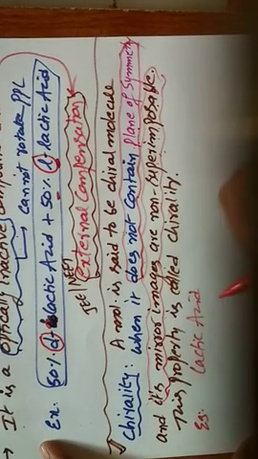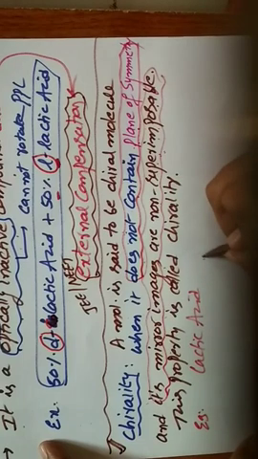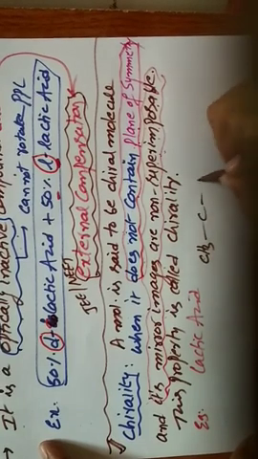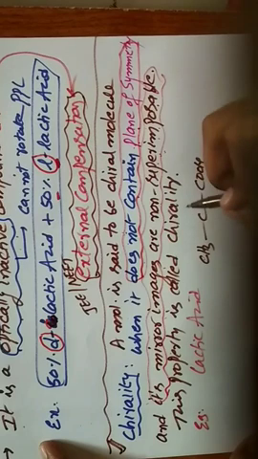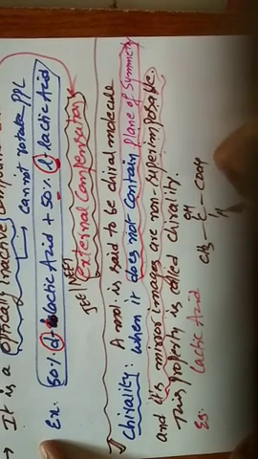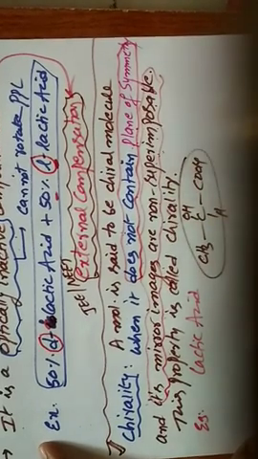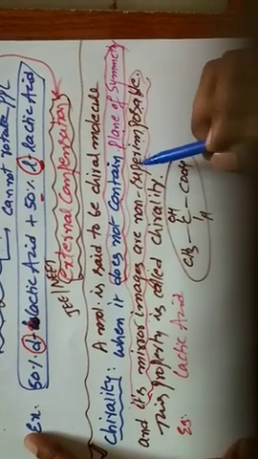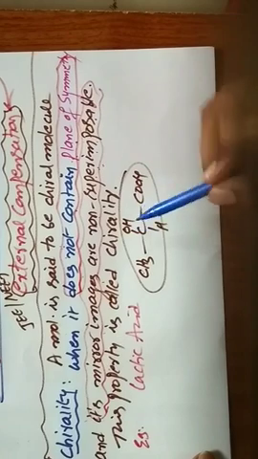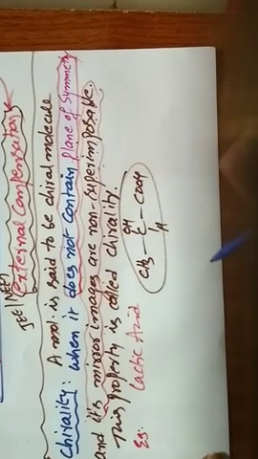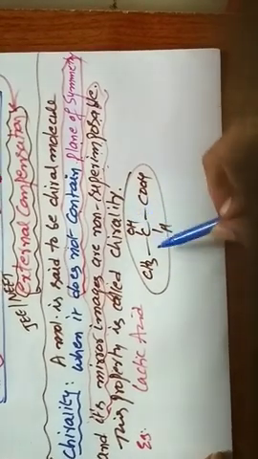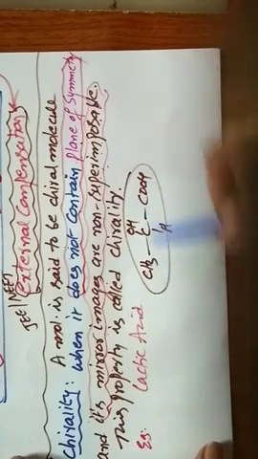So that structure is the lactic acid structure: CH3, bond C, bond COOH, bond OH, bond H. This is lactic acid. In this lactic acid, if you draw an imaginary line, any line, the molecule does not get two identical parts.